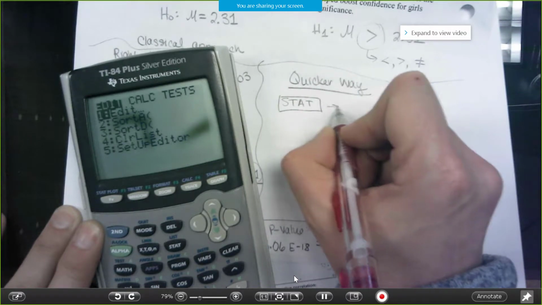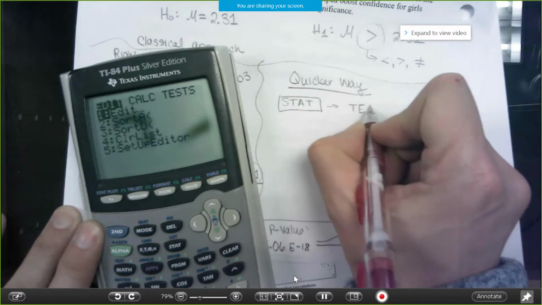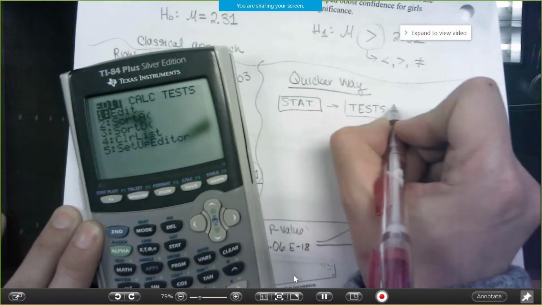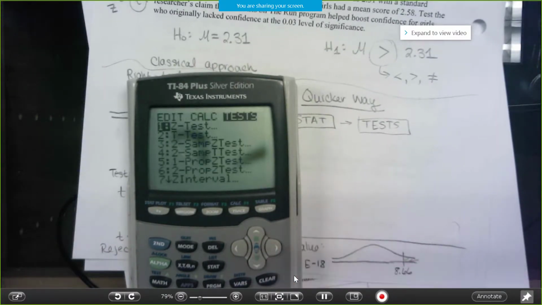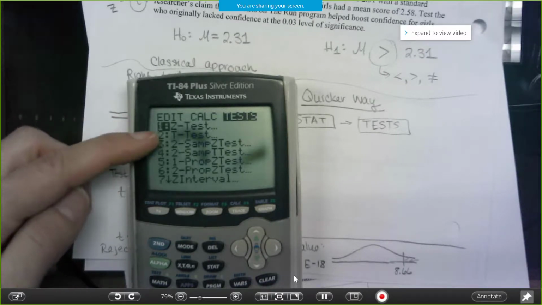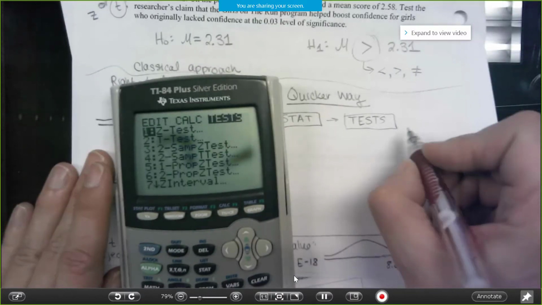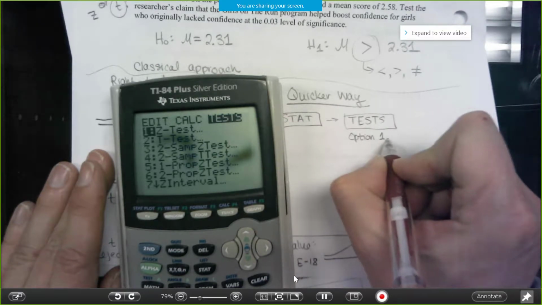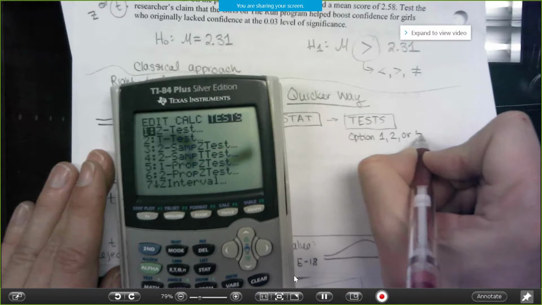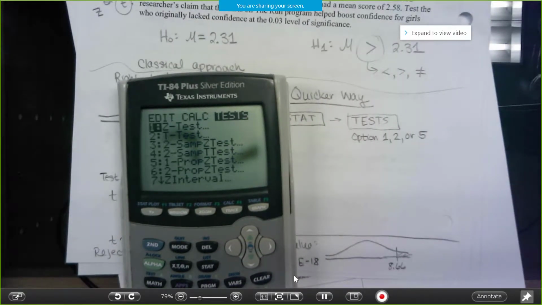But then at the top of the screen, we want to highlight the thing that says tests. And we are always going to use one of the following three options: 1, 2, or 5. So the z-test and the t-test are for means.